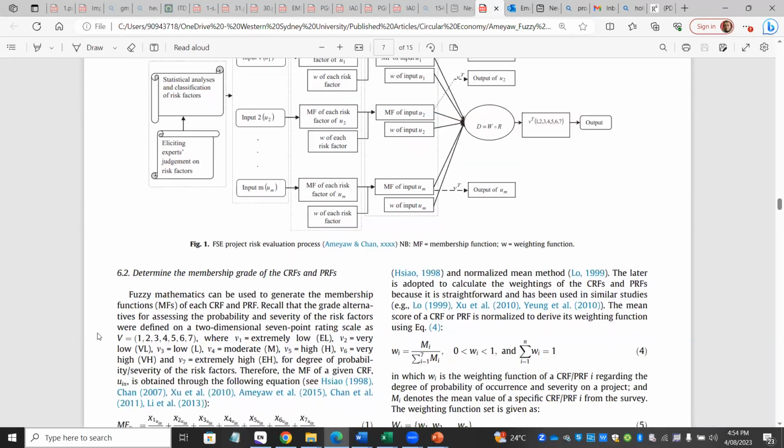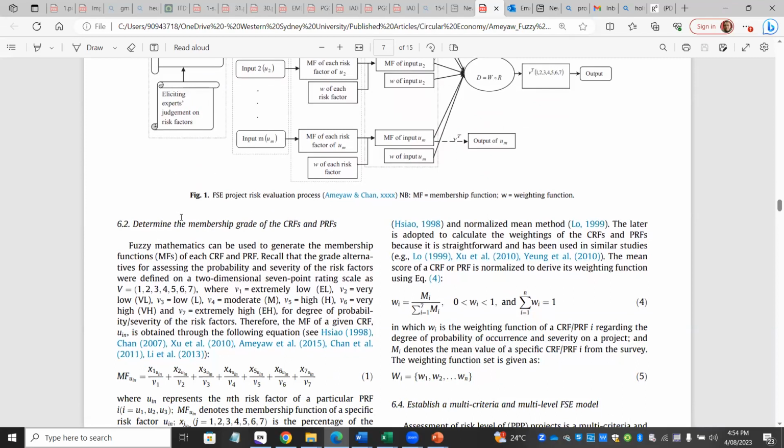Okay, so stage two, or 6.2, what do you do? Determine the membership grade. I mentioned to you that membership grades are also termed the grade alternative, or other papers call them the alternative grades or the grade alternatives; any of them is acceptable.